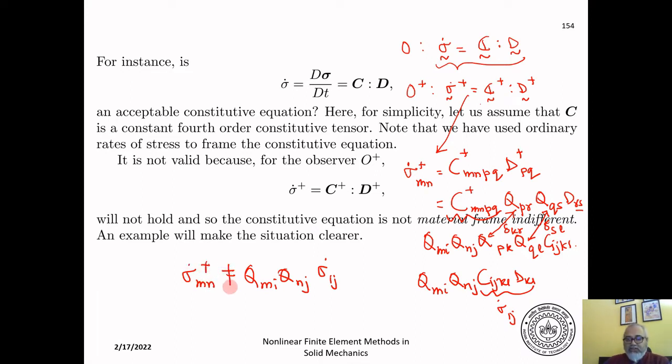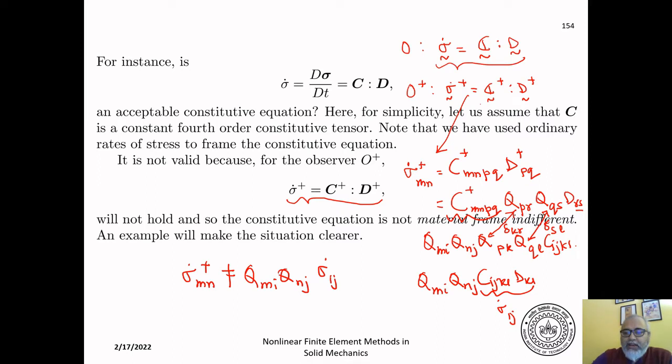So this is not the case, because we have seen that the rate of change of the Cauchy stress tensor is not a frame indifferent tensor. Therefore this does not hold in the rotating and translating coordinate system O plus.